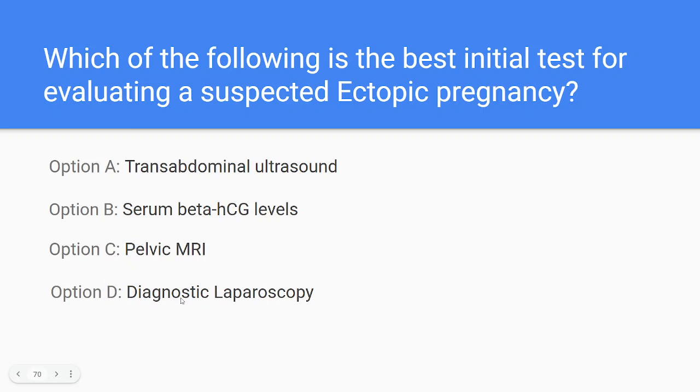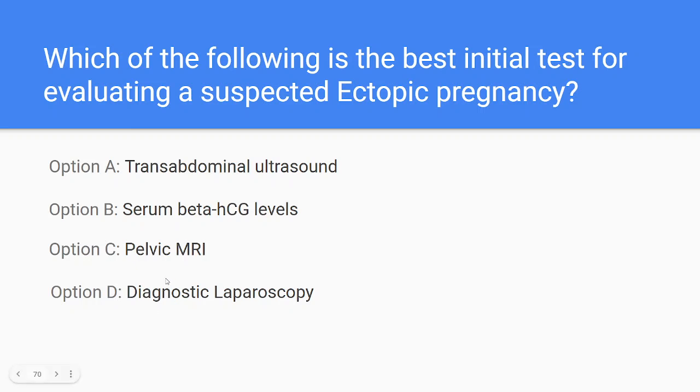In case of ectopic pregnancy, if we go through the transabdominal ultrasound, what will we identify? We'll identify the gestational sac at the age of 5 to 6 weeks. If the ovum is implanted and the sac age is about 5 to 6 weeks, we can identify it through the transabdominal ultrasound.